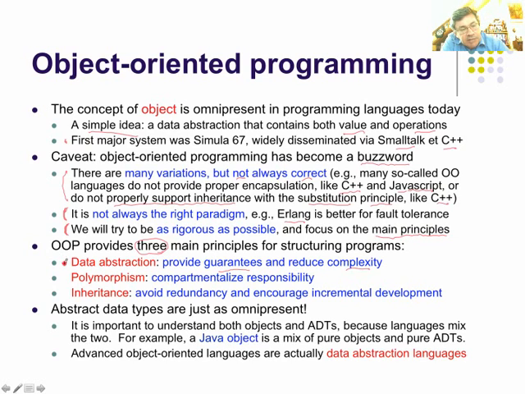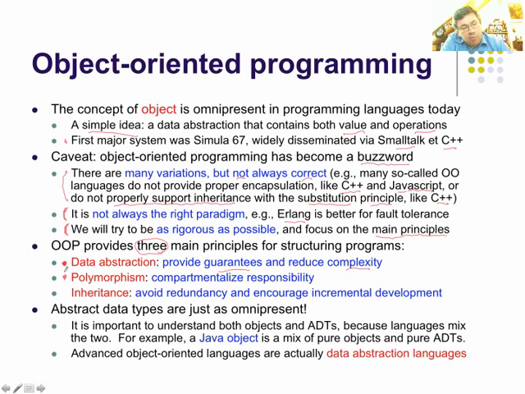So this is the basic, most important contribution of object-oriented programming, that we build systems with data abstractions. It's hard to imagine now, but in the 1970s this was controversial, and in those days most systems did not provide many abstraction concepts.